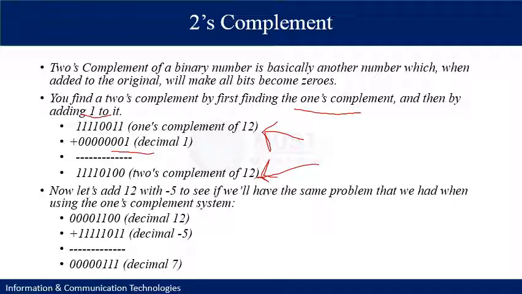Now let's say we add 12 with minus 5 to see if we have the same problem that we had when using the 1's complement system. We had the simple representation of 12 and then we converted the 5 into 2's complement representation and added those values to calculate the result, and finally we get the correct result.